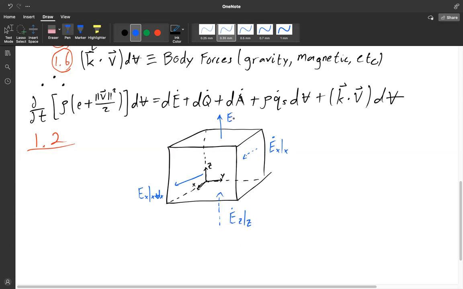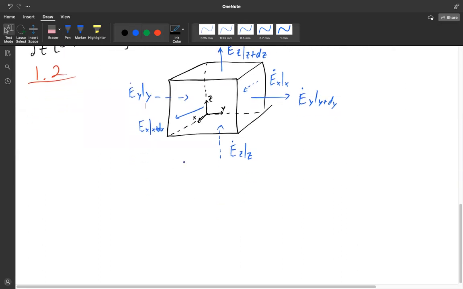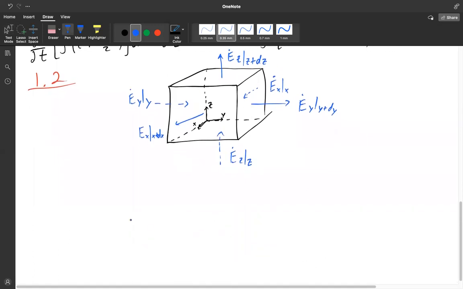This is the energy in the z direction at z plus dz, and then same goes for the y direction.